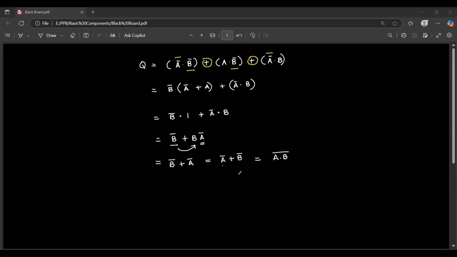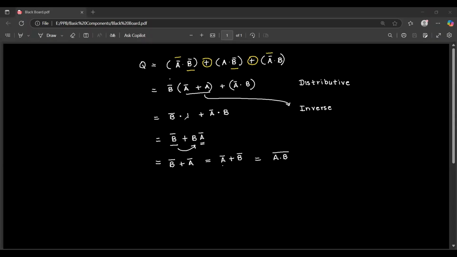Why? According to De Morgan's law, we have learned that a dot b whole thing bar is equal to a bar plus b bar. So the things I have used here: I have used the distributive law, and then the inverse law. This one, taking into groups, is the distributive law.